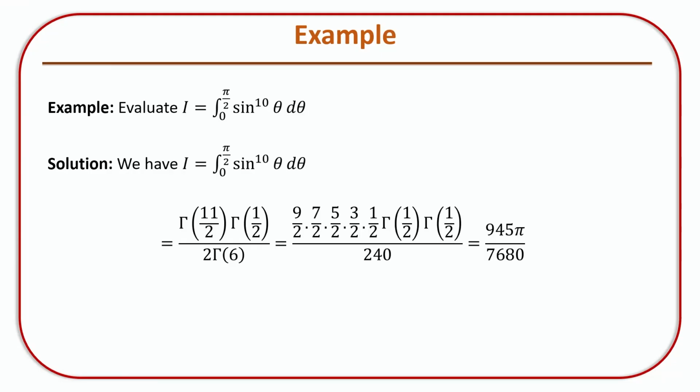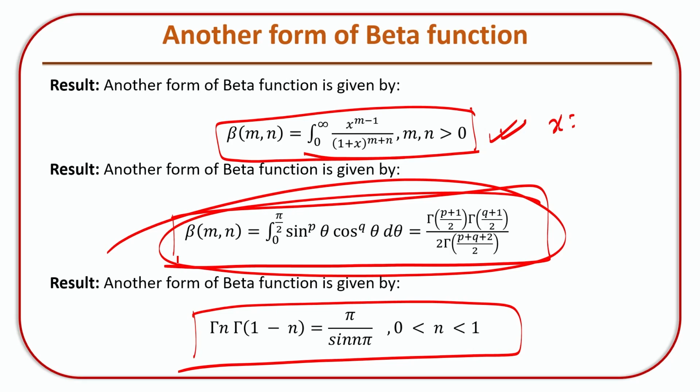Okay, so we have taken the last problem for you, that is to find the integral I, from 0 to pi by 2 of sine to the power 10 theta d theta. So sine 10 theta d theta can be evaluated using the same thing, right? I can have the cos to the power 0 and so on. So you can go through the other form of this one.